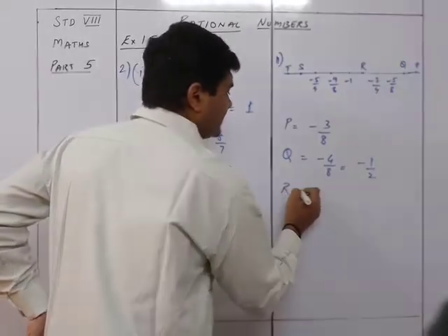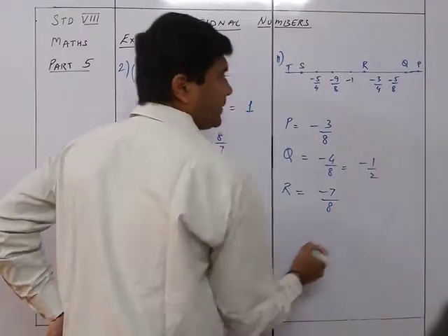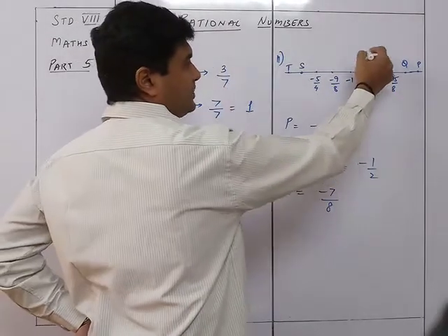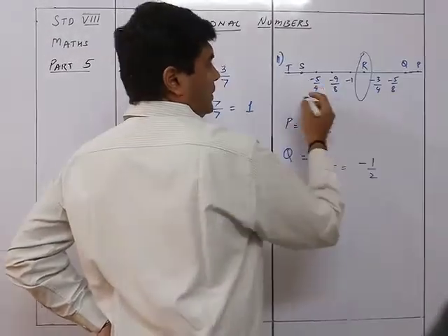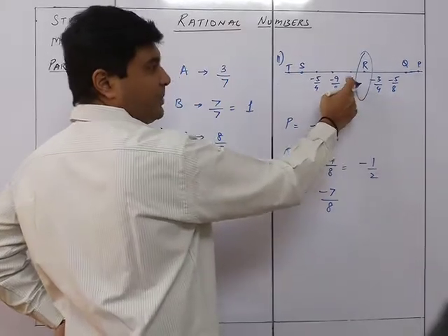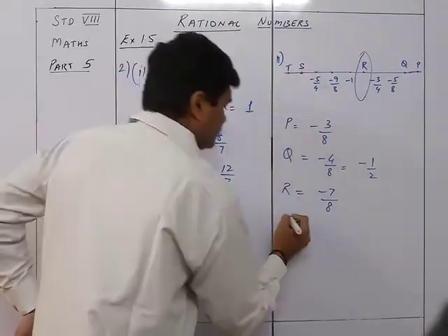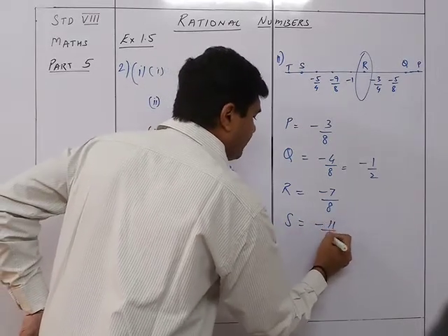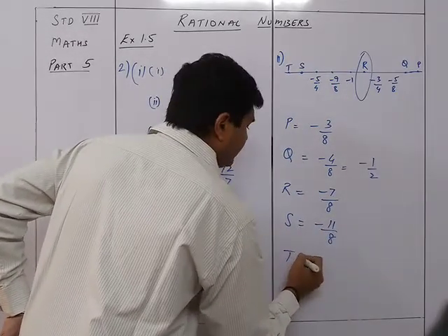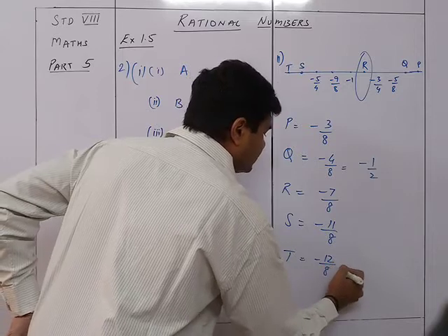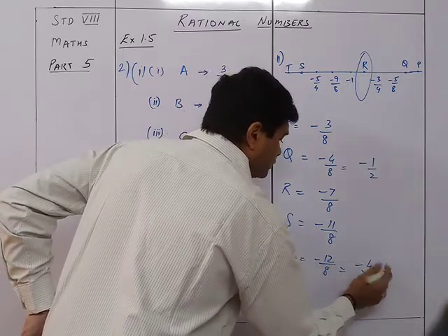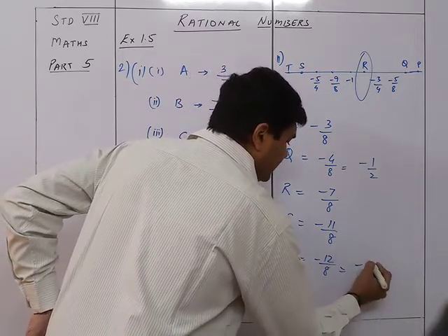So R is nothing but -7 upon 8. Right? This is 8 upon 8, which is -1, then 9 upon 8, 10 upon 8, 11 upon 8. So S is equal to -11 upon 8 and T is equal to -12 upon 8, which is nothing but -3 upon 2.